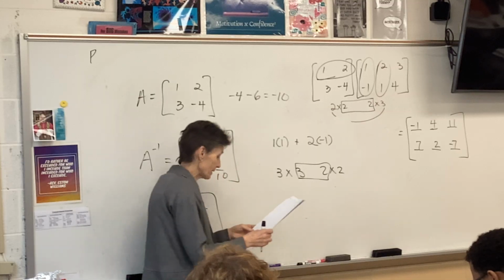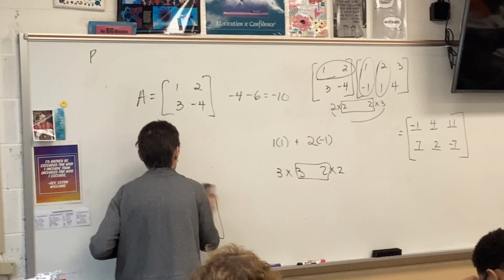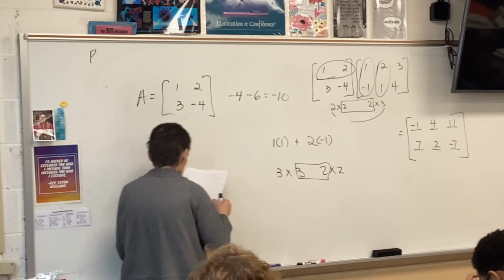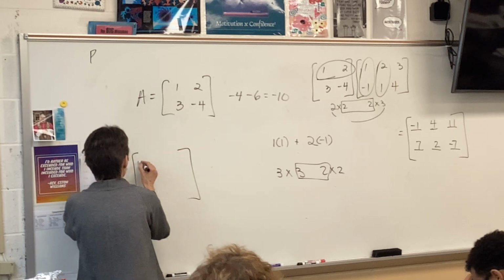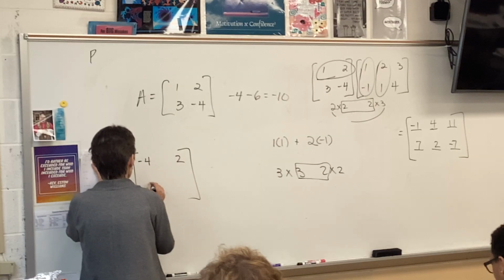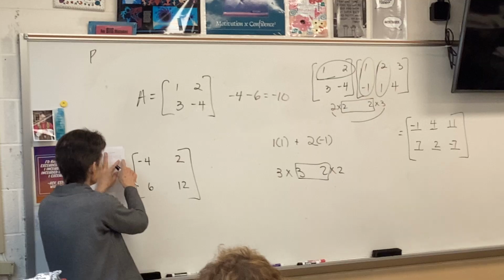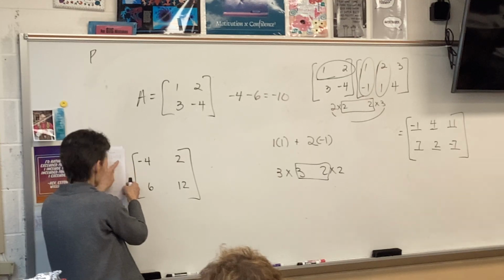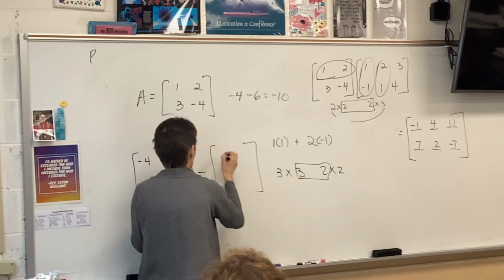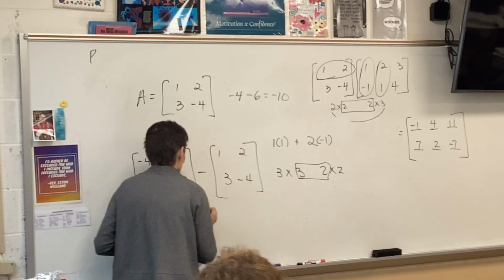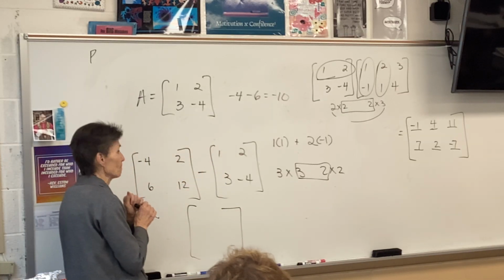All right, last one. Can we do 2D minus A? I think we can. So 2D would be negative 4, 2, 6, and 12. Everybody okay with that? 2 times D. And then I'm going to subtract A. This is so easy, guys, but be careful with your arithmetic.